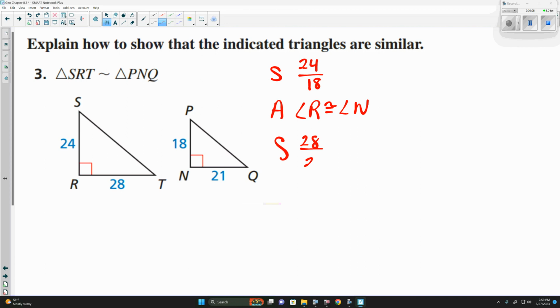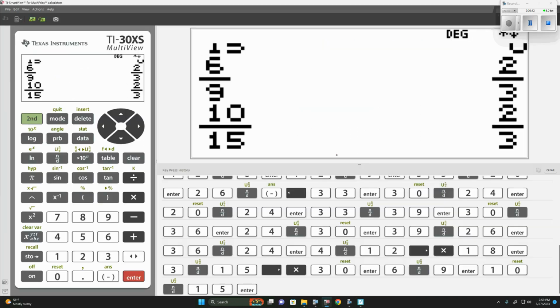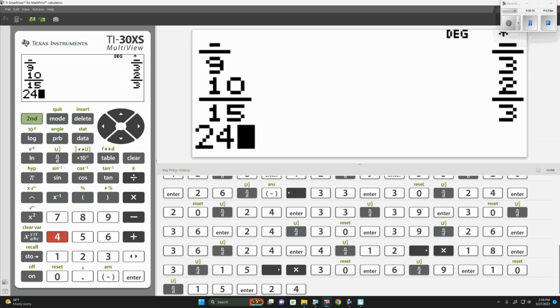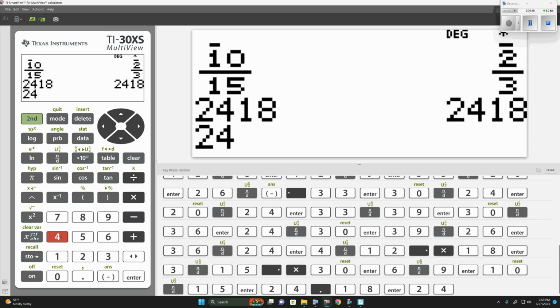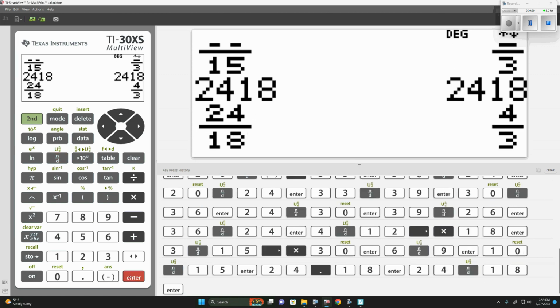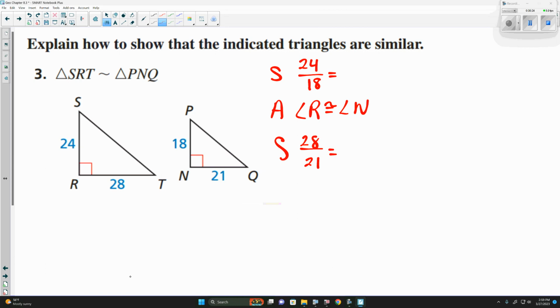And then we would have 24 over 18, which is 4/3. And it works out 28 over 21 is 4/3. So, by SAS.